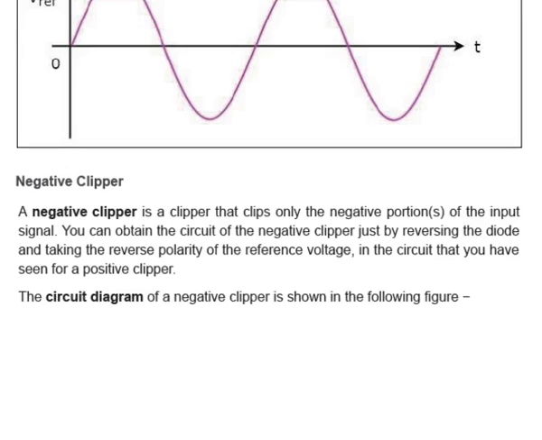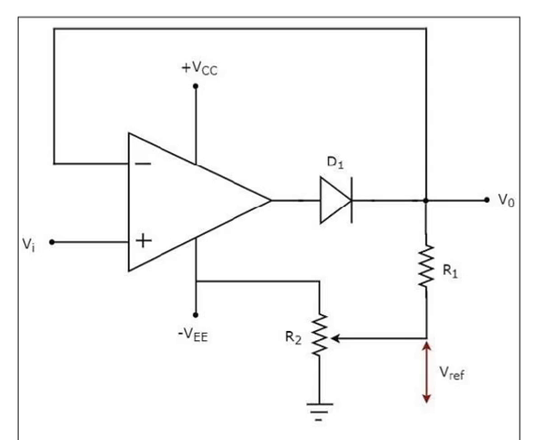So, you have seen a positive clipper; now I will show you the corresponding circuit diagram. So this is the corresponding circuit. Only we have reversed the PN junction diode.